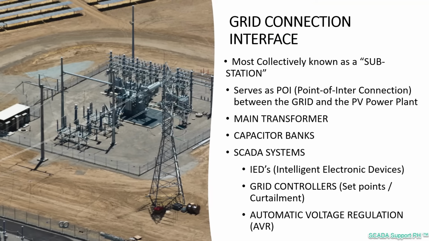For a PV power plant, the substation serves as the grid connection interface, which is similar to a POI or point of interconnection between the grid and your power plant. This is composed of your main transformer, capacitor banks, and your SCADA systems.